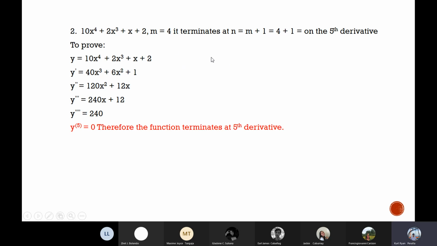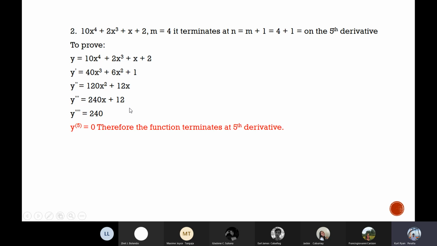So the function is y is equal to 10x to the fourth plus 2x cubed plus x plus 2. So the derivative of this is simply using the power rule again. We will have 40x cubed plus 6x squared plus 1. So we have the first derivative. And then the second derivative, which is 120x squared plus 12x.